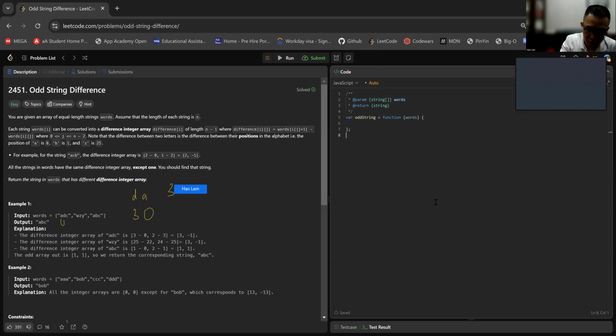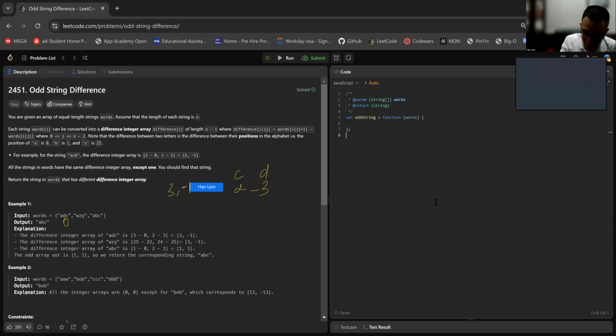Then we need to find the difference of D and C. C has value, A, B, C, so 0, 1, 2. So 2 minus 3 is negative 1.